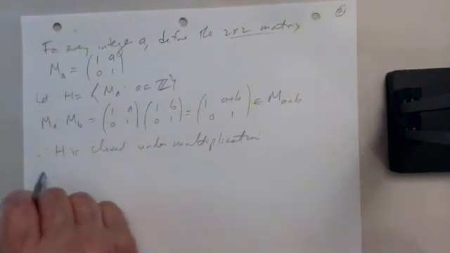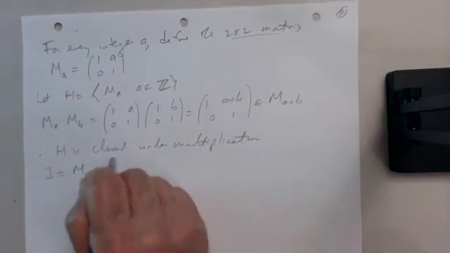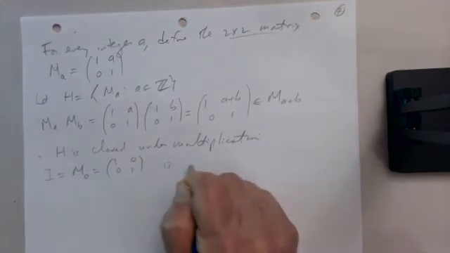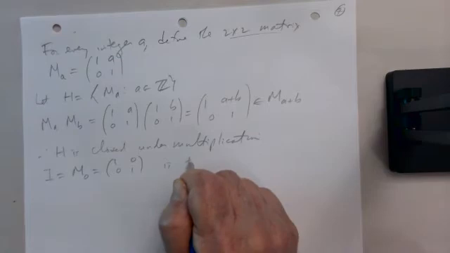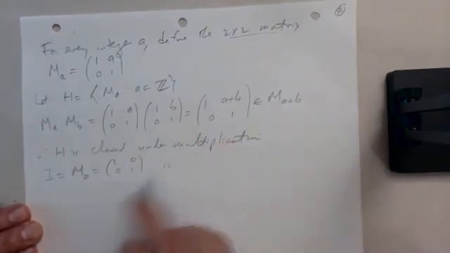Is there an identity? Well, if you take I to be the matrix M0, so that means you have a 0 in the upper right-hand corner, this is an identity under matrix multiplication.